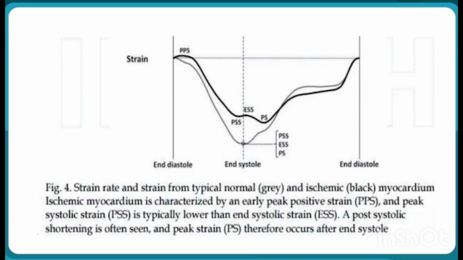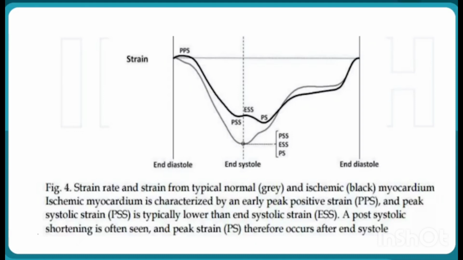So in this image, you can see the gray curve is the normal curve of a myocardium, wherein you have a post-systolic, end systolic and a peak systolic strain around the same levels. And in an ischemic myocardium, there is also a peak positive strain, which you can see in the initial part immediately after the end diastole, which is not present in the normal myocardium.